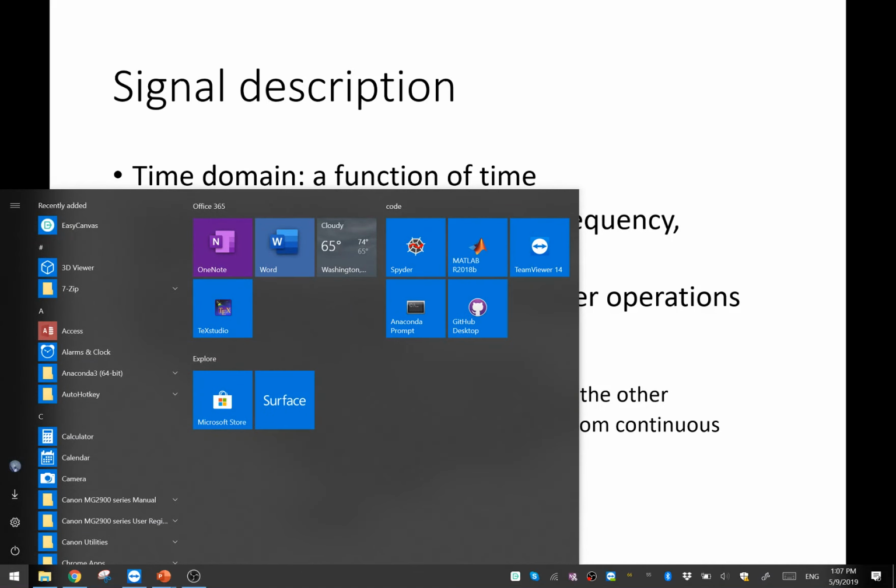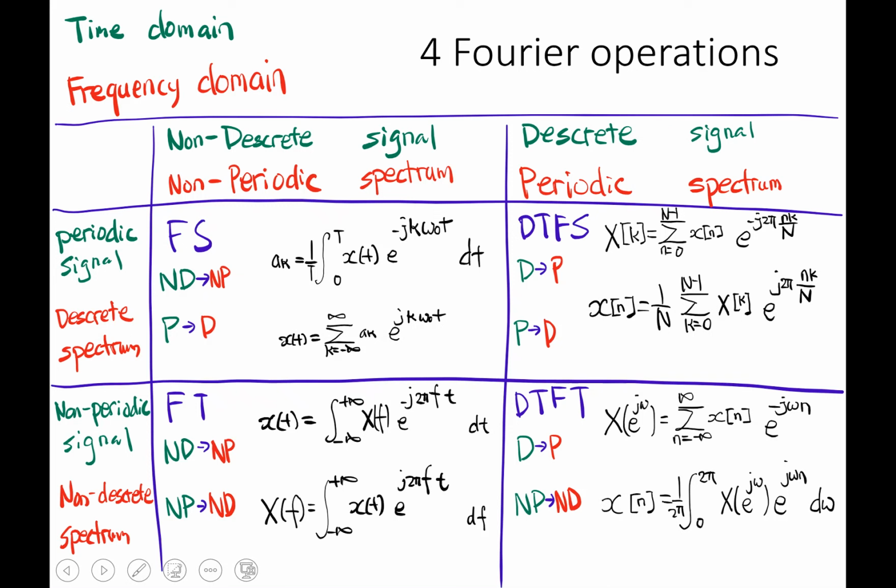So let's just go to the next table. This looks a little bit messy, but I wish you guys can understand what is going on here. So we have 4 transformations, right? And for each transformation, we have one direct operation, going from time domain to frequency domain, and the other way back, from frequency domain to time domain.